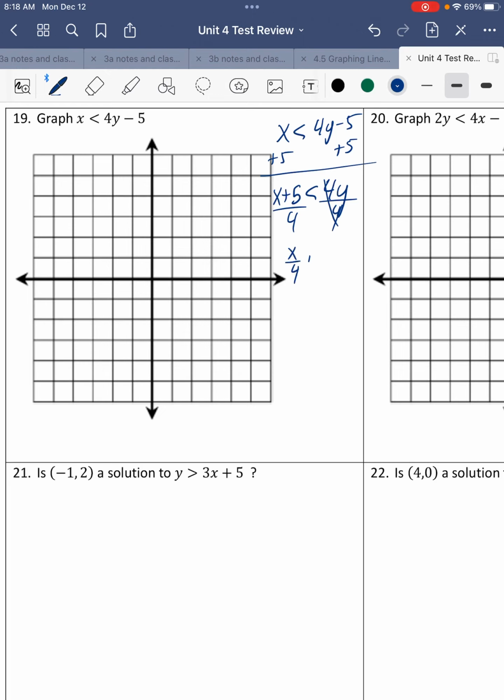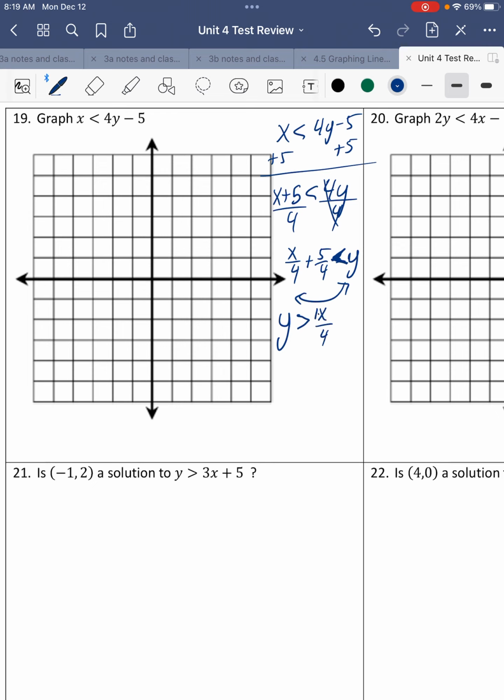It'd be x divided by 4 plus 5/4 is less than y. We divided by a positive, so it does not switch. If I want to move this around so it looks more like what I want, it's like if you could take everything you see there and flip it all the way around. The inequality opens up towards the y, so it's got to be switched around to greater than.